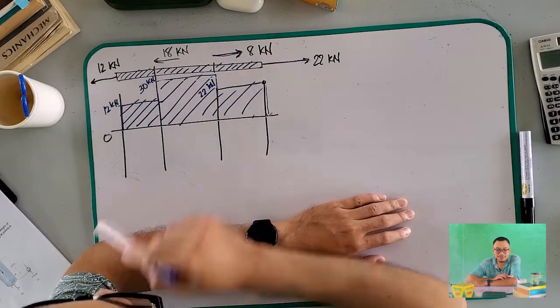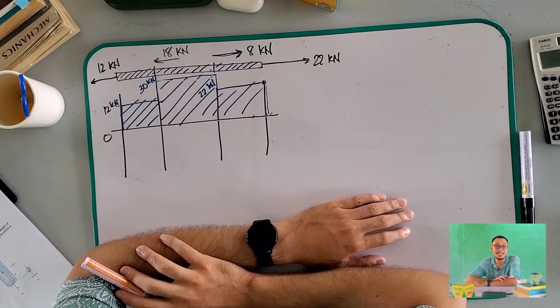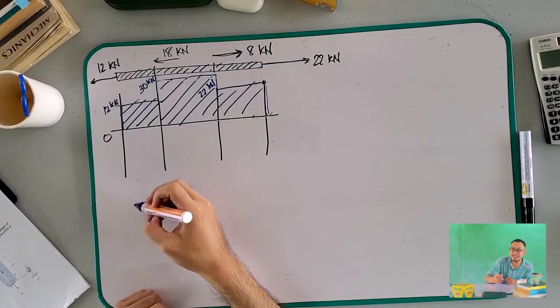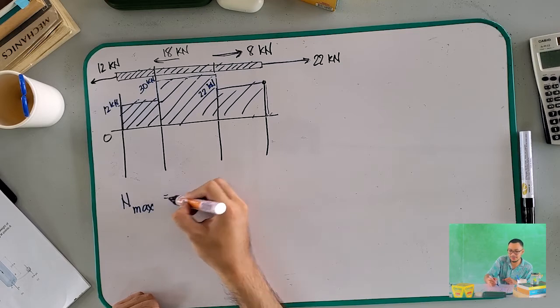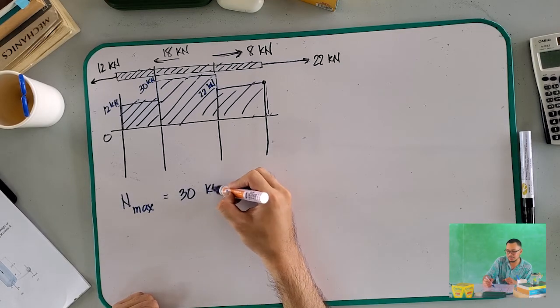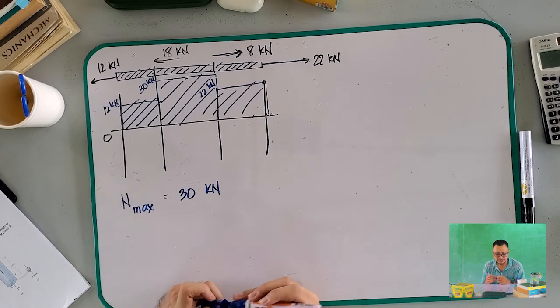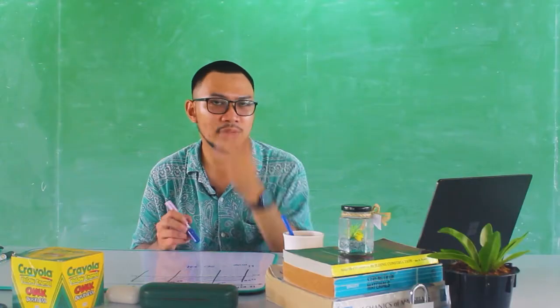Kaning atong 30 kilonewtons, obviously, kay mao man pinakadako nga value. So, pangitaon nimo pinakadako nga value dira, mao na ang maximum. So, ang atong maximum nga internal force Nmax is therefore 30 kilonewtons. Okay?